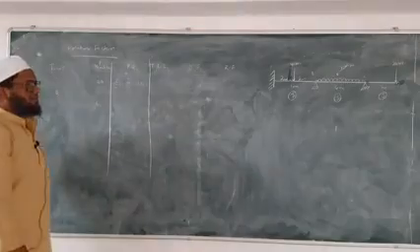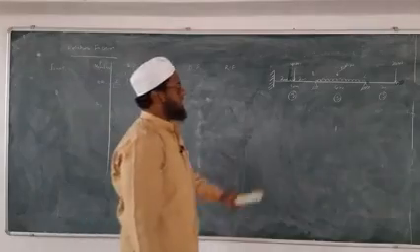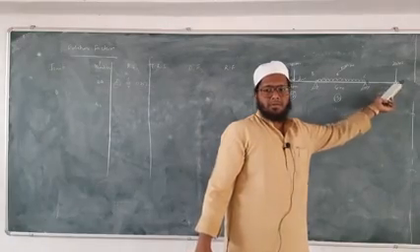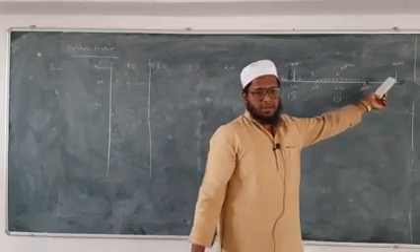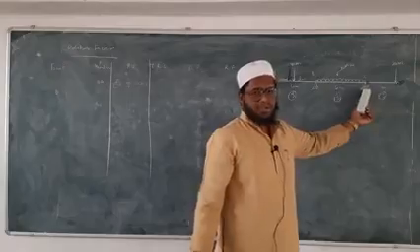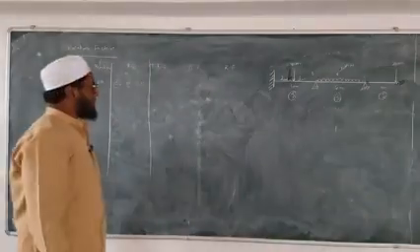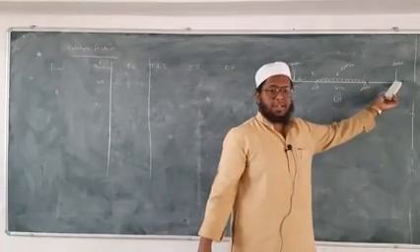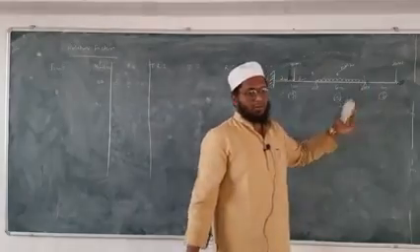What is the relative stiffness for BC? See here, B to C. Do we have any support beyond C? No support. So this will be 3I by 4L. If we have one hinge support here, then it will be I by L. Okay.